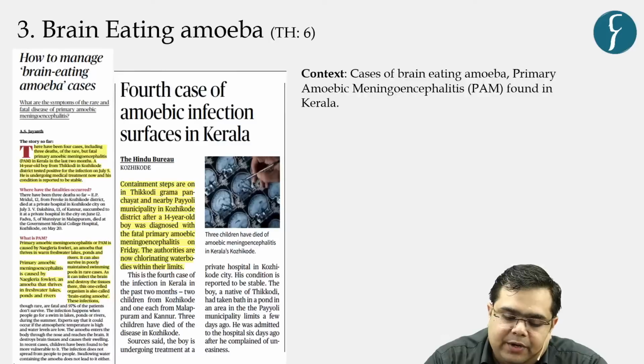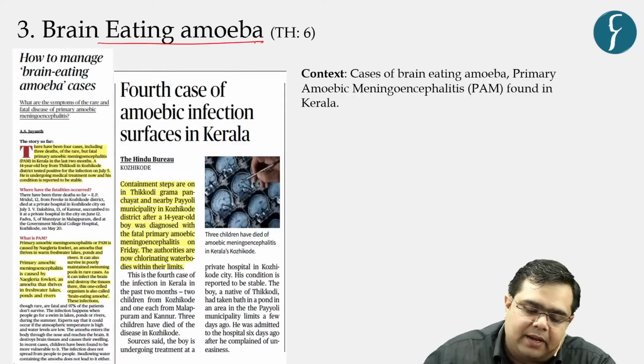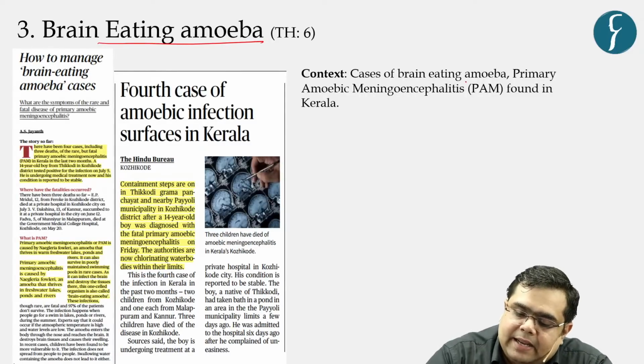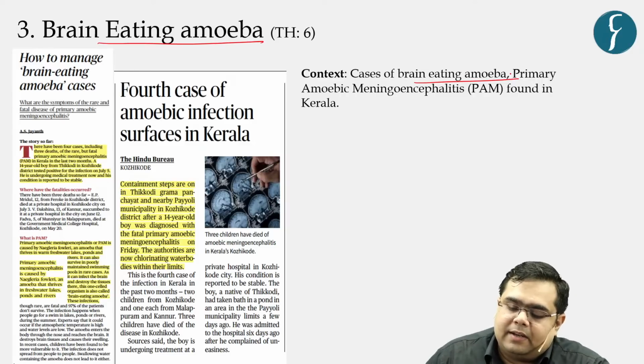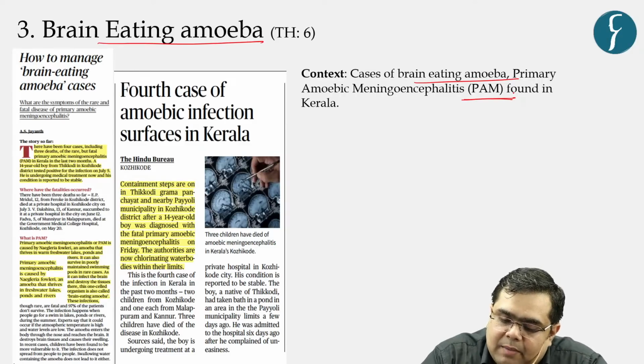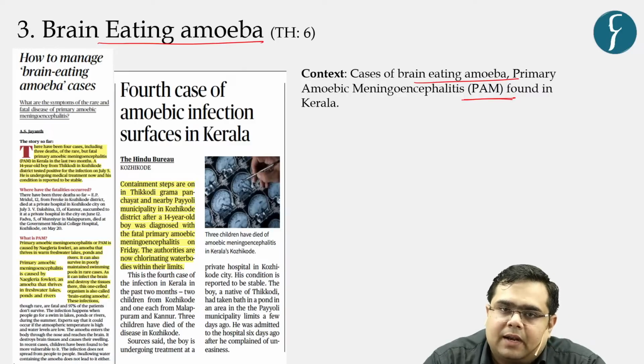Another interesting news that has come again from Kerala is in the context of the brain-eating amoeba, right? In short, it is called PAM, primary amoebic meningoencephalitis, and it has been found in Kerala. Now remember, the previous disease was caused by a viral infection, that is, because of the presence of a virus.